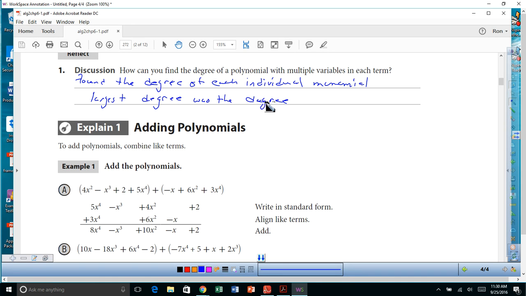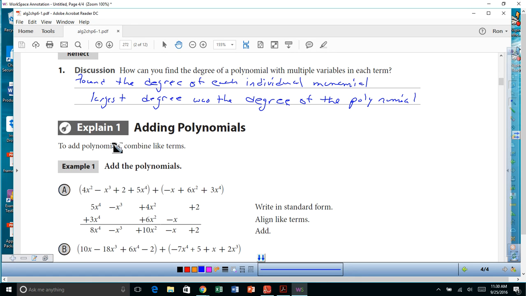The largest degree was the degree of the polynomial.